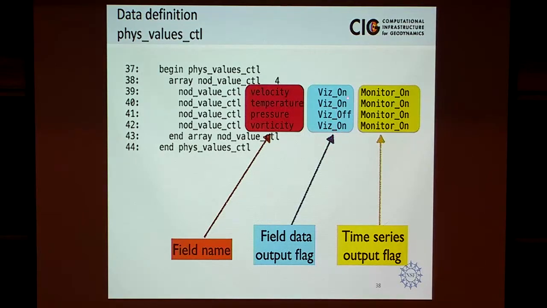If you turn it on, this field is written in a data file. And if we turn it off, the pressure won't be output in the field data. And here is another output for the time sequence data with the kinetic energy or average field, and it also has the same flag, on or off.